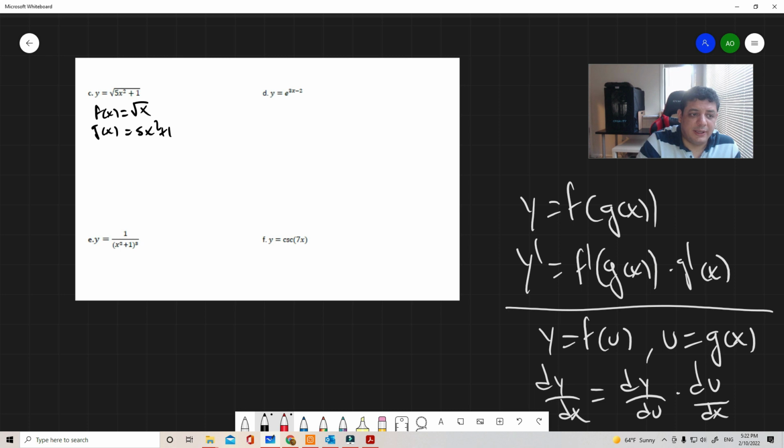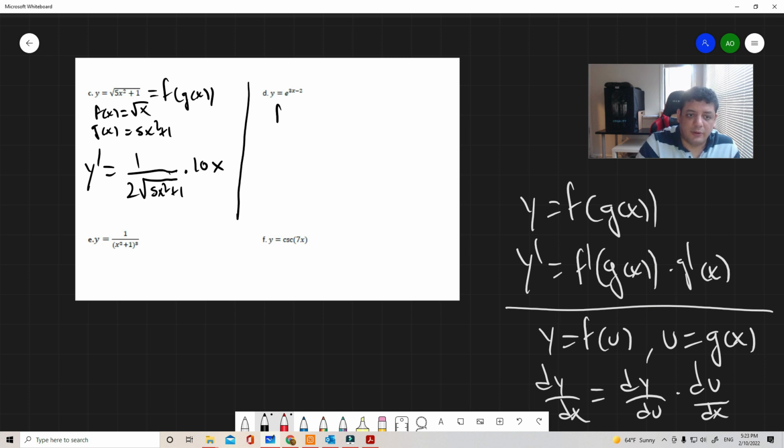So if we compose, this will be f compose g, and therefore y prime is just going to be 1 over 2 the square root, which is the derivative of f, composed with 5x squared plus 1, and then times the derivative of g of x, g prime, which will be 10x.